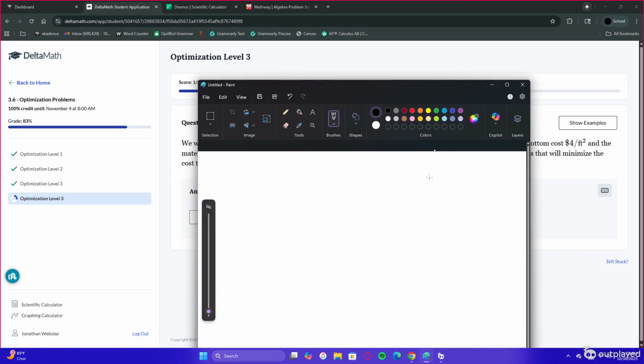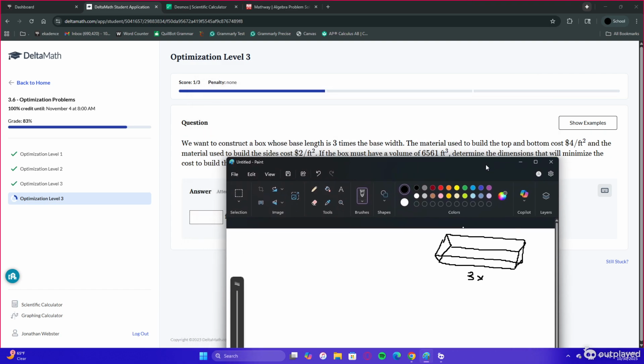So what we have is a rectangular box, kind of like this. And this rectangular box, our length of it is 3x, our width of it is just 1x, and we can call our height something like y.